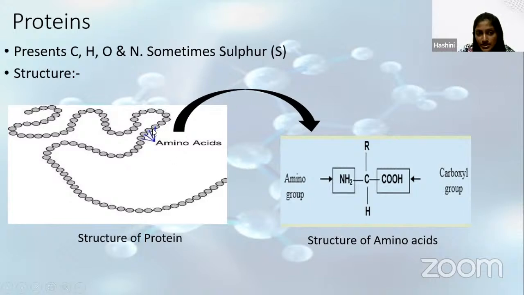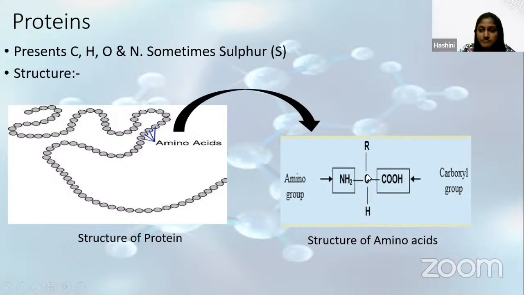So when we take a monomer, or this single unit, what is the single unit? It is the amino acid, right? When we look at the structure of this amino acid, it is created by combining 4 groups, right?